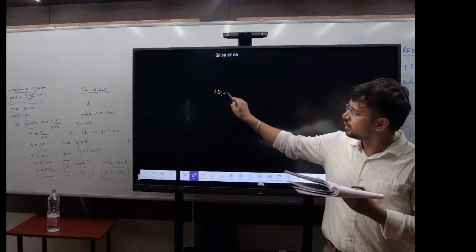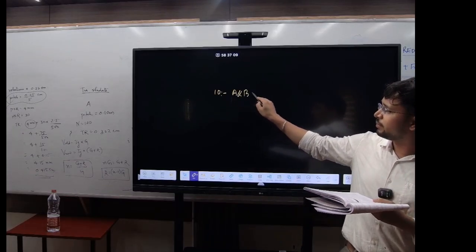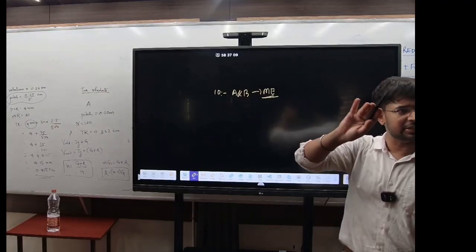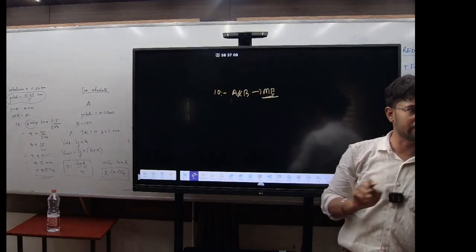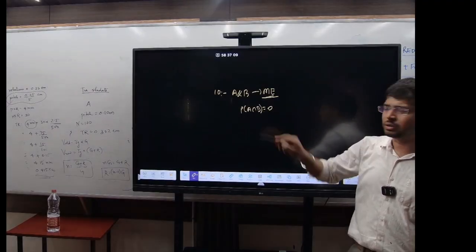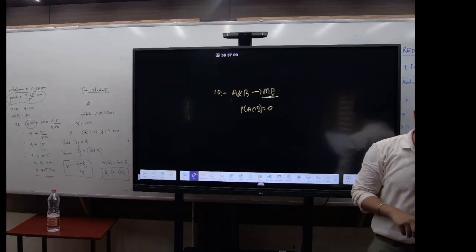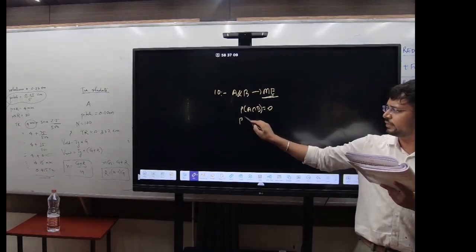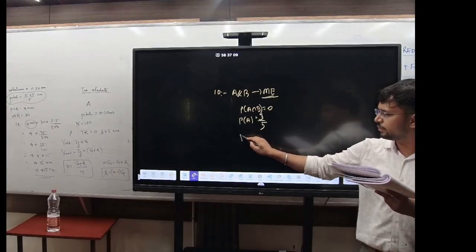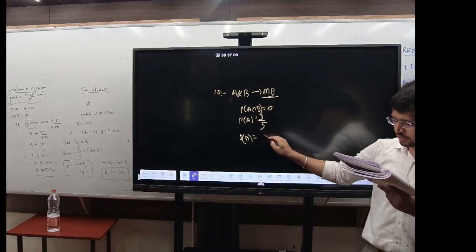It is given A and B are mutually exclusive. Mutually exclusive has only one meaning here. In sets, whenever mutually exclusive is given, remember P of A intersection B is going to be 0. Now what else is given? P of A is given as 3 by 5. P of B is given, which is 1 by 5.